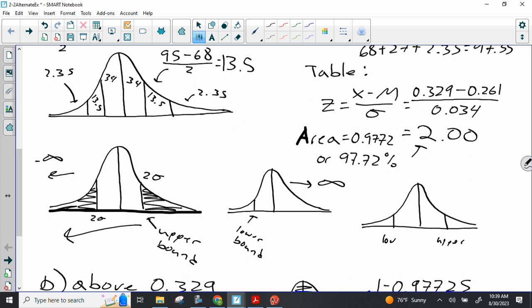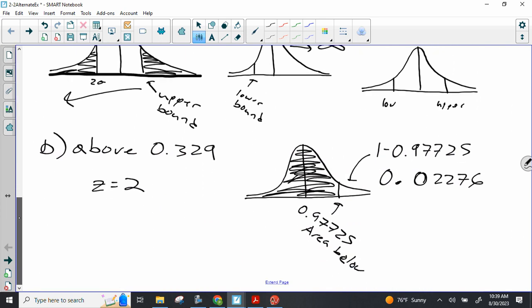So then, I could see that we're 2 standard deviations above our mean right here. Well, then I could also find the area for this, since this is a standard normal distribution.